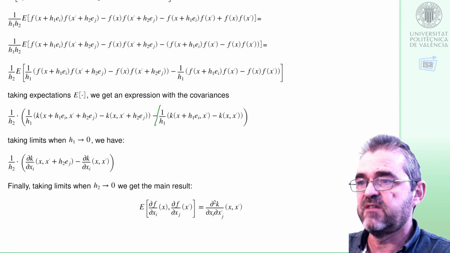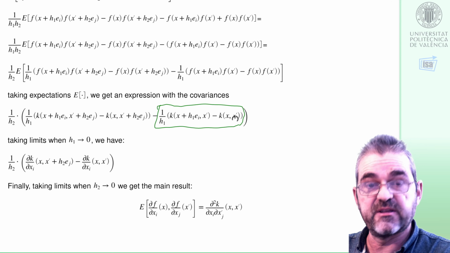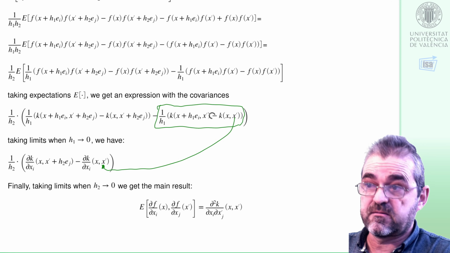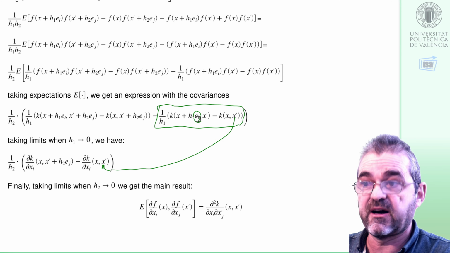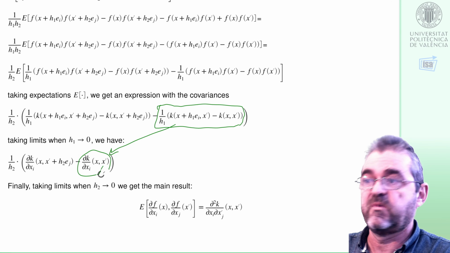Good. If I now look at this product, again the second argument, x prime, is unmodified, and this will be the partial derivative, again, with respect to the ith direction in the first argument. Here we have it.